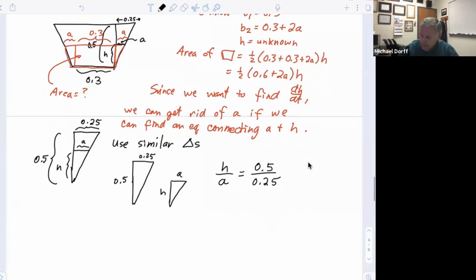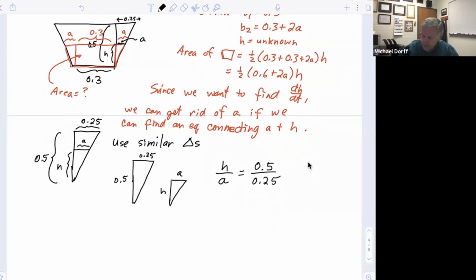I want to solve for a. If I multiply the left here by 4 over 4, I get h over a equals 2 over 1, which tells me that a equals 1/2 h. But I need to keep h in there because in solving this problem, I'm trying to find dh/dt.